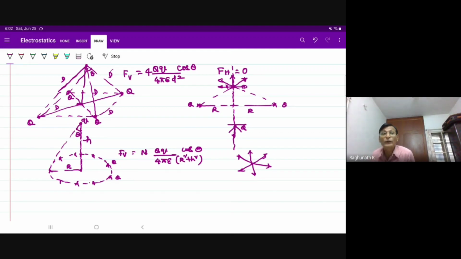N equal amount of horizontal components, no sin theta components. And they are n forces separated by an angle of 2 pi by n, resulting in 0 horizontal component of the force. Check it. So at any point on its axis, the field is axial, if it is a circular source. Is this clear?